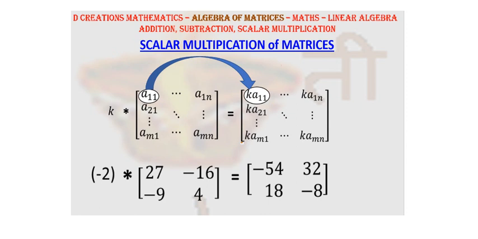So again, understand that if it's an m by n matrix, the resultant matrix after scalar multiplication is also going to be an m by n matrix. So here if you multiply it by minus 2, minus 2 into 27 is minus 54, minus 2 into minus 16 is plus 32, minus 2 into minus 9 is plus 18, minus 2 into plus 4 is minus 8.